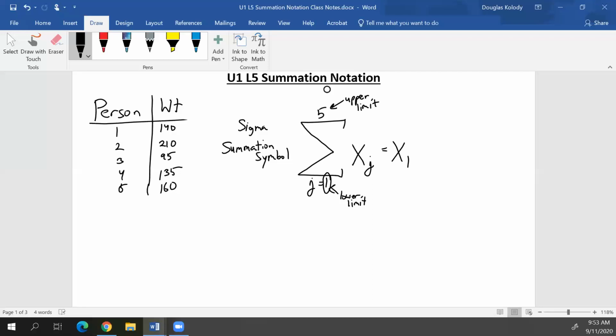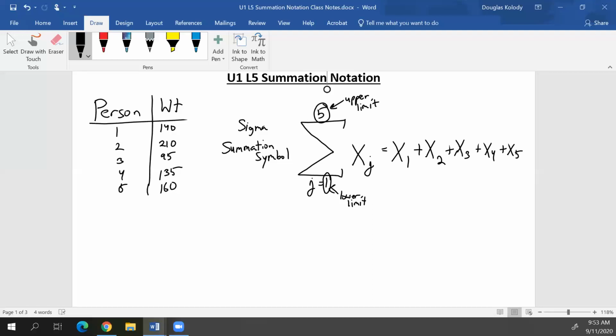Then it's called summation because you are adding, and integer by integer, you add the next one, so plus x sub 2, and then plus x sub 3. You keep going until you get to the upper limit, so plus x sub 4, and finally plus x sub 5. And that's it.